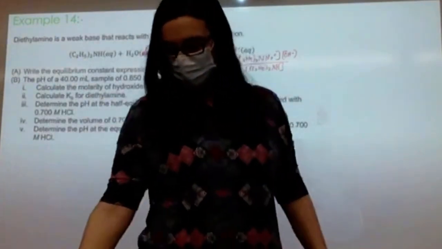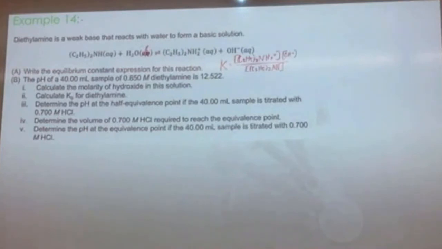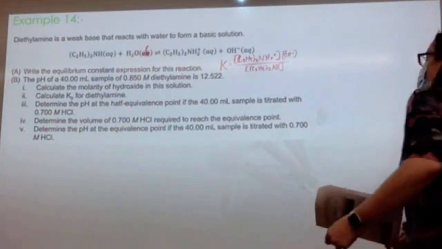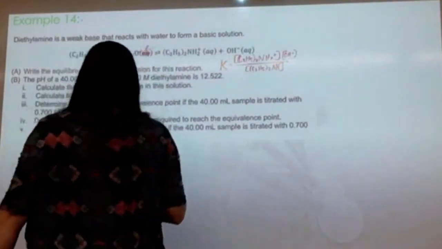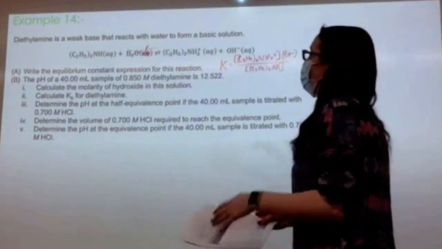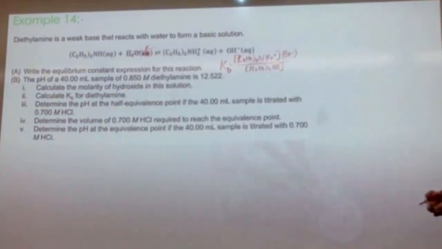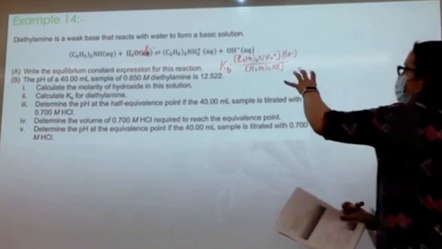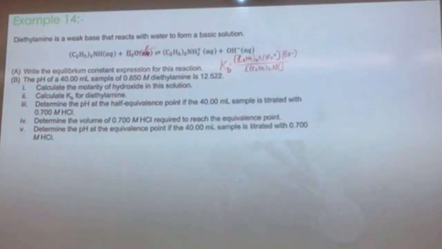College Board missed that one. Water's a liquid. So we're not going to include water at all. Now, it says that diethylamine is a weak base, which means this is the Kb expression. Plus it produces OH minus. If you see OH minus in the K expression, it's Kb. You see H plus or H3O plus, it's Ka.